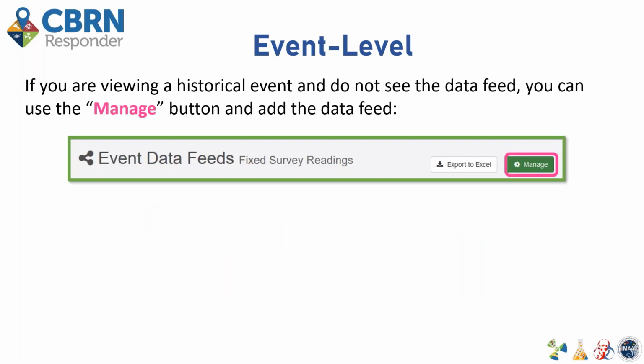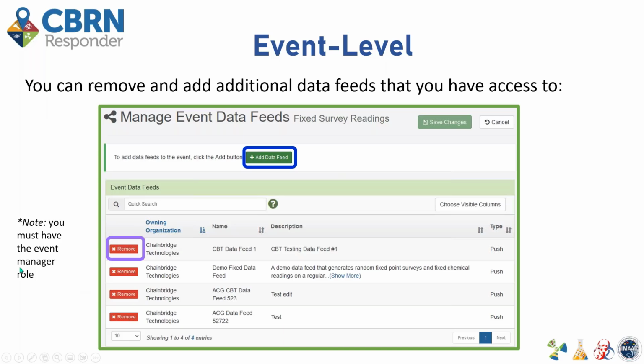But if you are viewing a historical event, maybe one that you just use for routine monitoring, I know we do have a default routine monitoring event for each organization, that data feed will not be on that event. But if I want to add it, I will see the manage button. And from there, I can remove and add additional data feeds that you have access to. So you do need the event manager role on the event to do this.